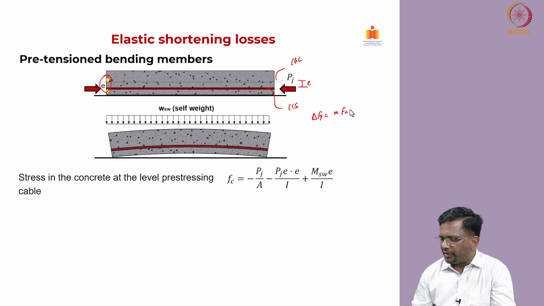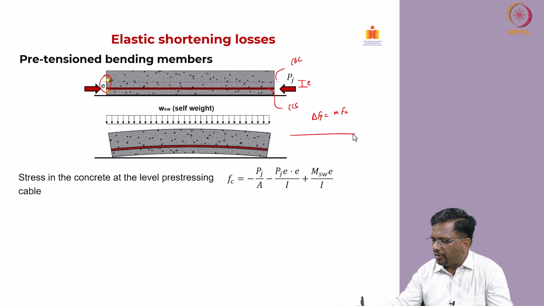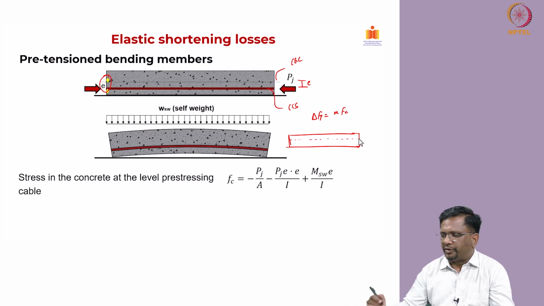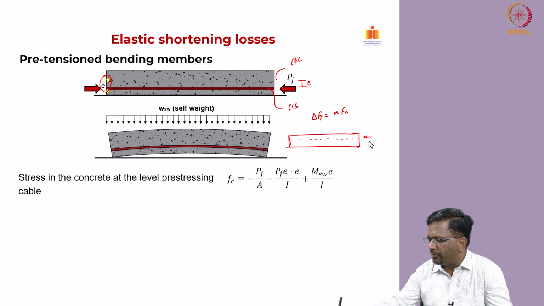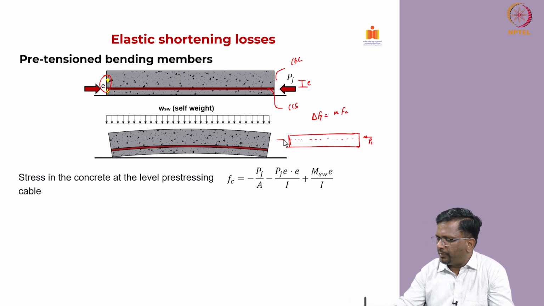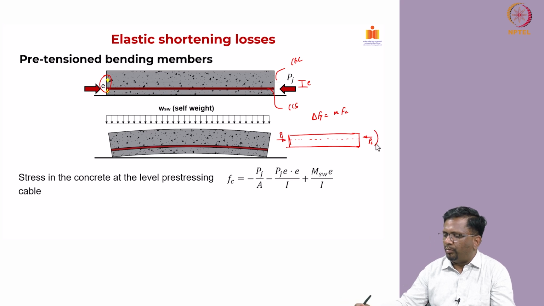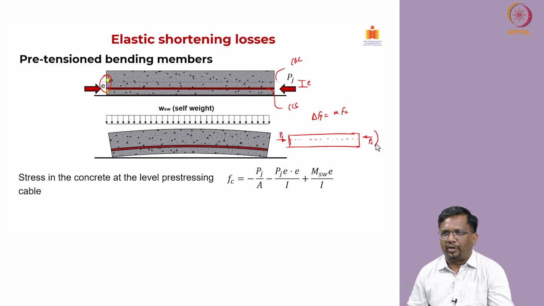And you can see for this particular case, the beam is subjected to some pre-stressing force Pj. In addition to that, there is also a moment that you are applying, right.